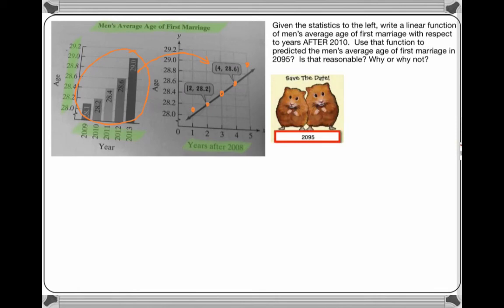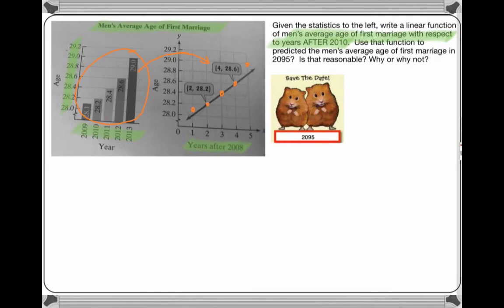So what it's asking us is to write a linear function of men's average age of marriage with respect to years after 2010.